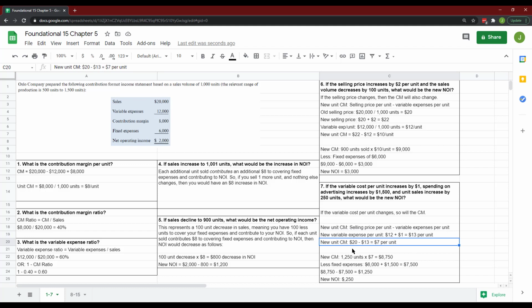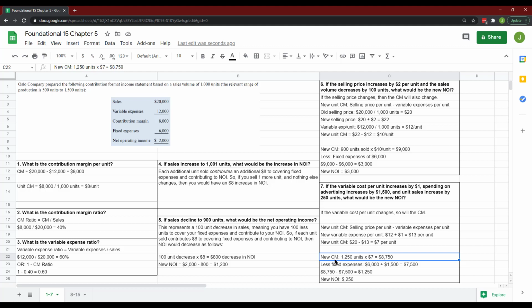We take the selling price per unit of $20, the original selling price, minus the new variable expenses per unit, which gives us a contribution margin of $7 per unit. Because we're spending $1 extra per unit on variable expenses, each unit contributes a little bit less to the contribution margin overall. So $7 instead of the original $8.